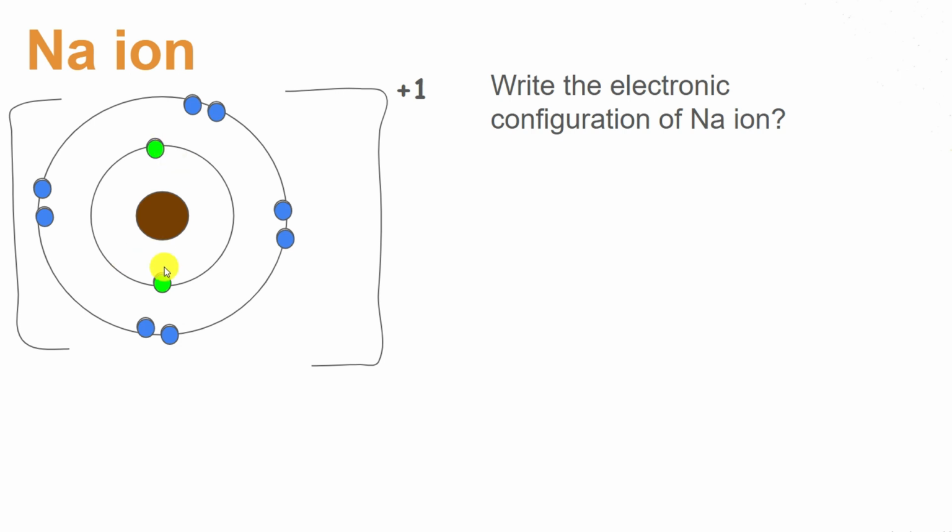The first shell gets 2 electrons, and the second shell gets 8 electrons, and we have already put 10 electrons, and that's all. So, the electronic configuration of sodium ion is 2, 8, which is actually equivalent to the electronic configuration of neon.